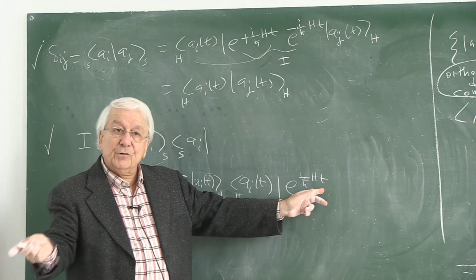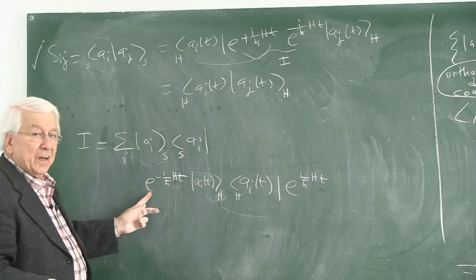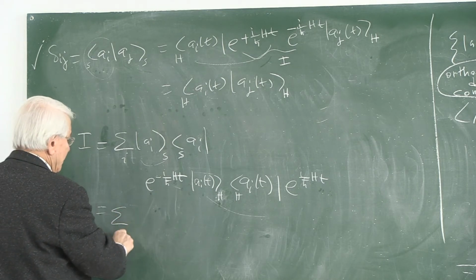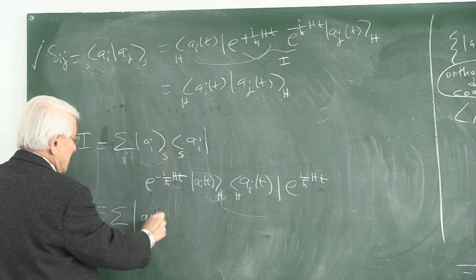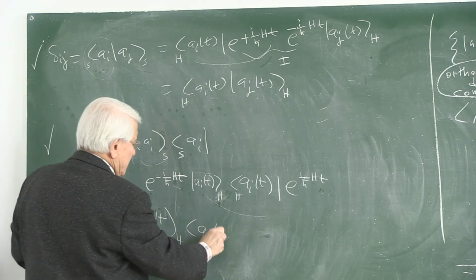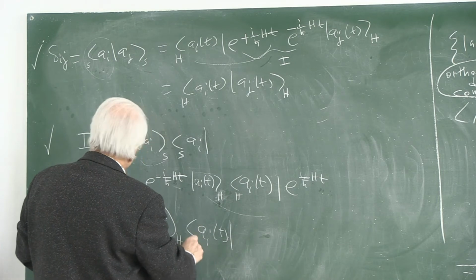Numbers can be floating around freely, and that cancels against this. And then you get AI of t Heisenberg, AI of t Heisenberg.